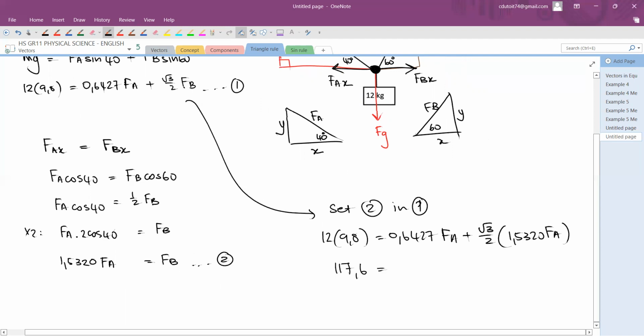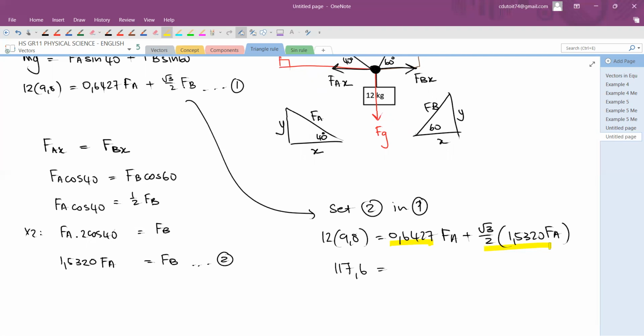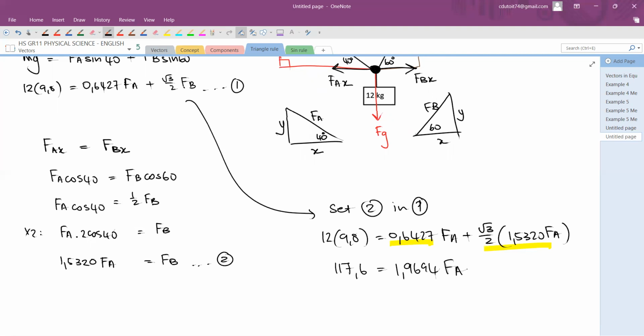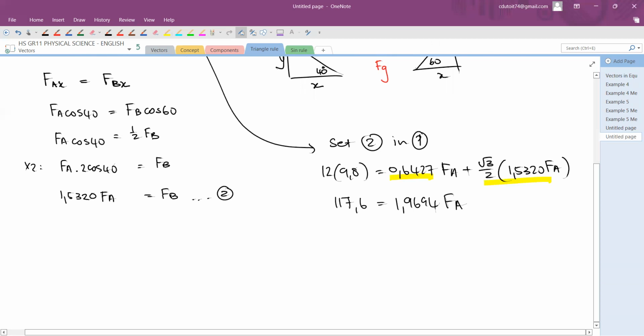And then I'm going to add these values together: 0.6427 plus root 3 over 2 times 1.5320. And that is, see if you get 1.9694 FA. I'm going to divide 117.6 by that answer. I get 59.71.